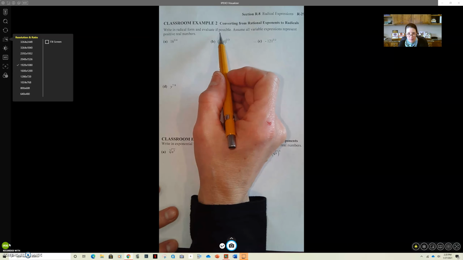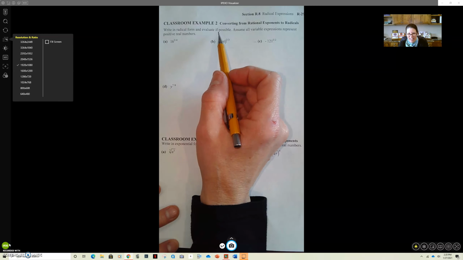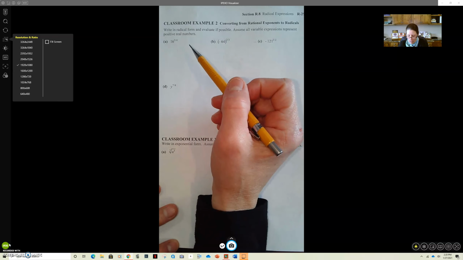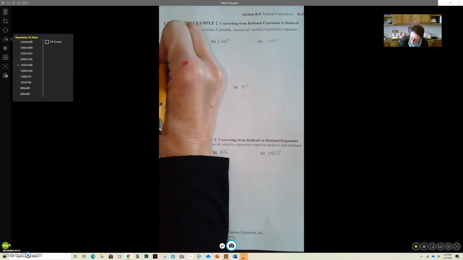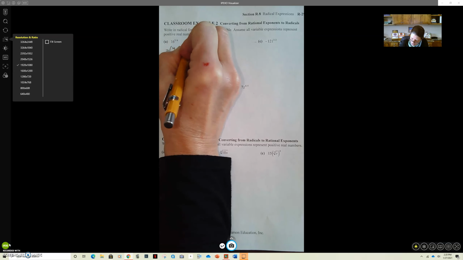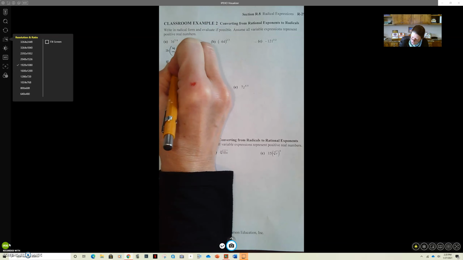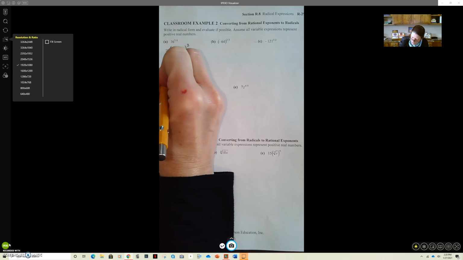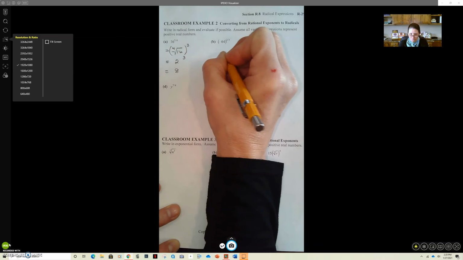We're going to assume all variable expressions are positive real numbers so that we can take the square roots, for example, of positive numbers. 16 to the 3/4 is asking, hey, what's the 4th root of 16 to the third power. That's 2 to the third power, or 8.